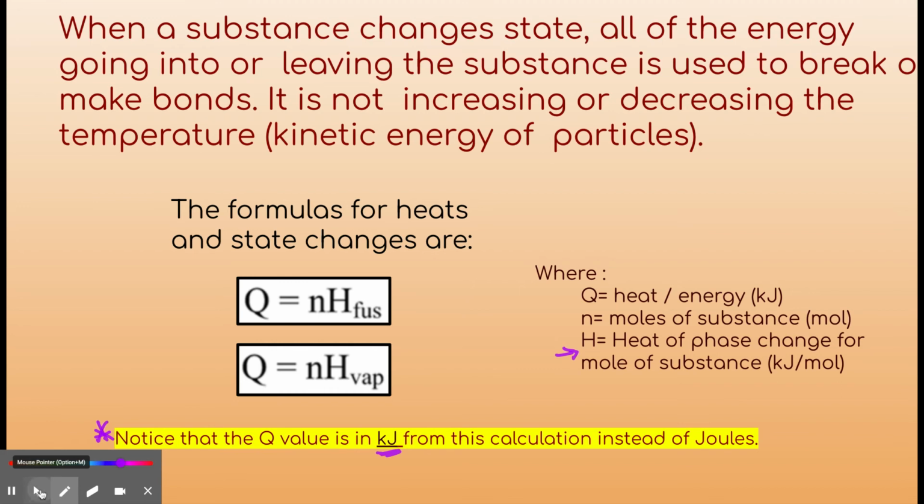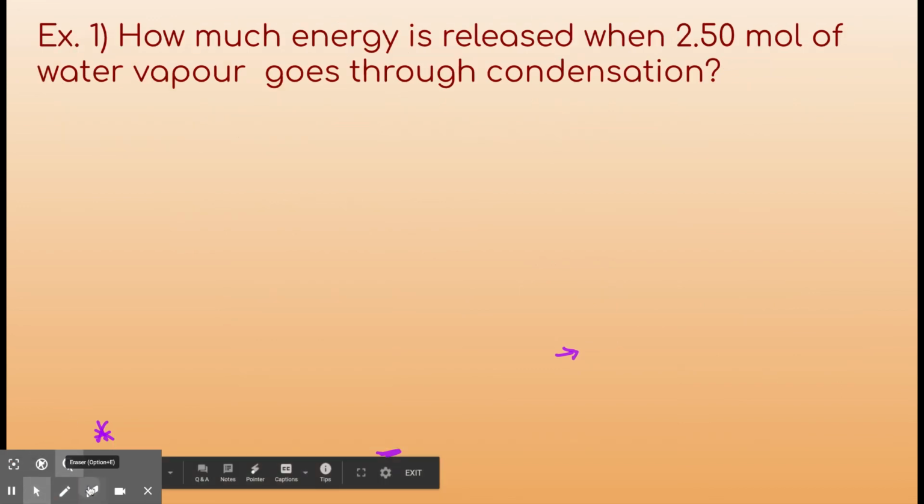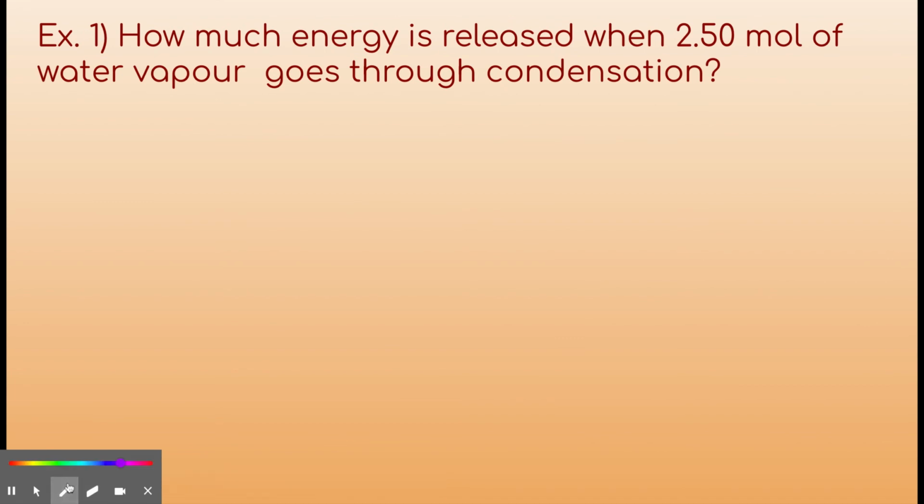So what does this look like for questions? Example 1: how much energy, so there is your Q, Q is your question mark, is released, so it's actually going to tell you it's released in this situation at 2.50 moles.